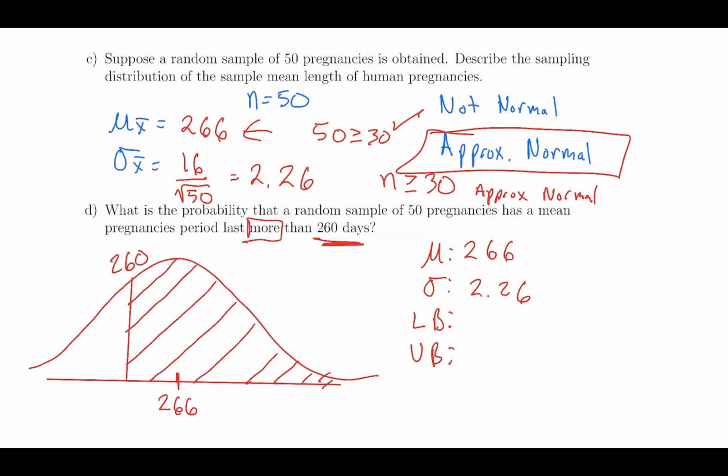And remember, you can just type it into the chat. 260. Yeah, 260. And for this one, what would be my upper bound? Infinity. Yeah, infinity. Perfect. If you have a TI-83 or 84, just do 10 to the 10 power. Everybody good for the lower bound, upper bound, mu, and sigma?